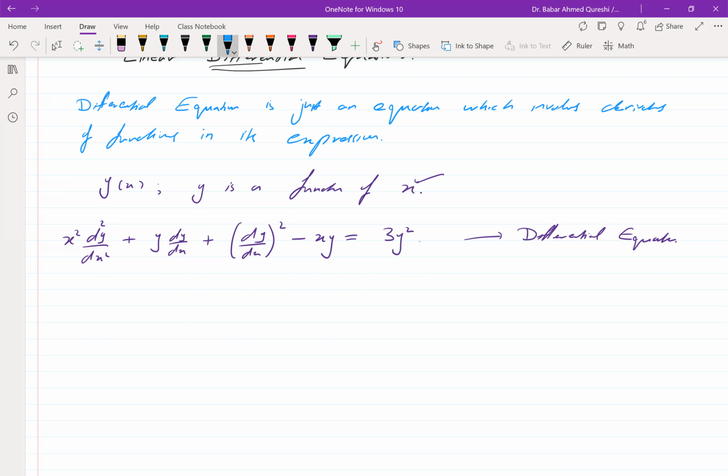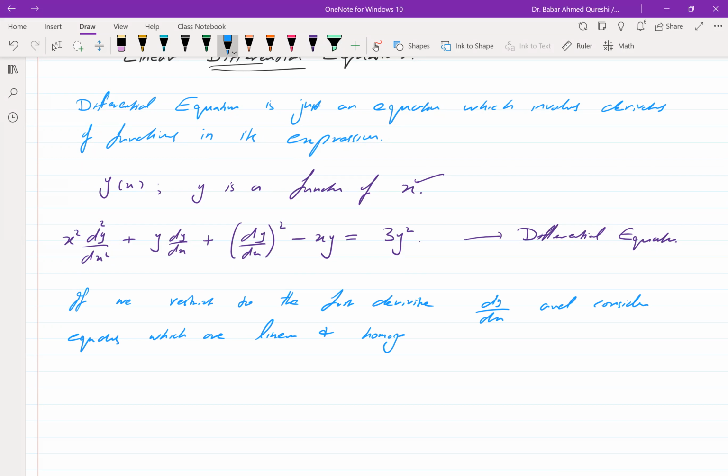We will restrict to the first derivative, dy by dx, and consider equations which are linear and homogeneous. So what would this mean?